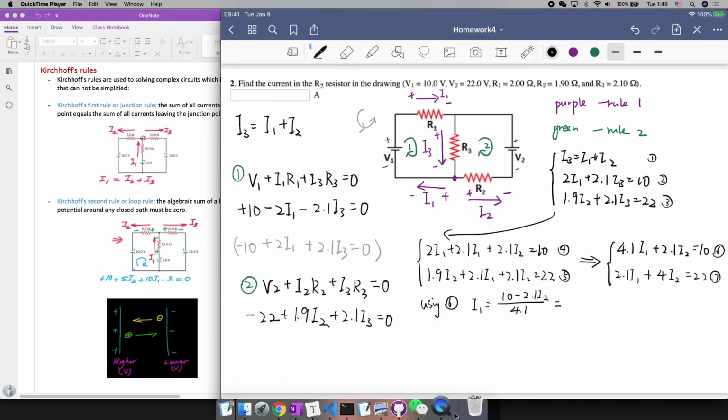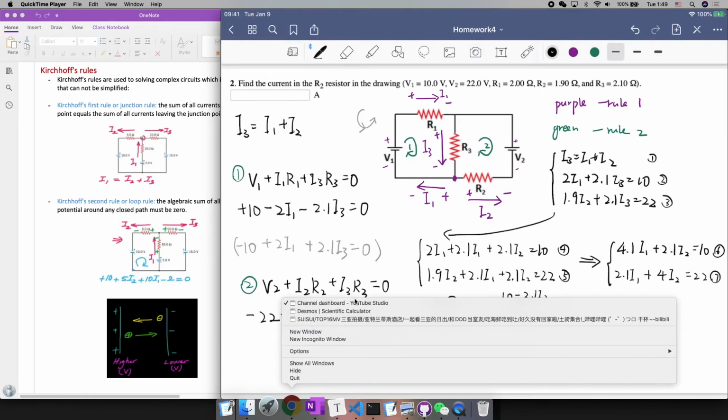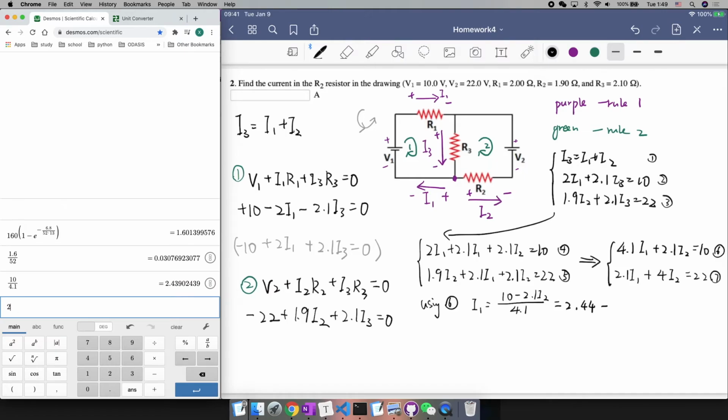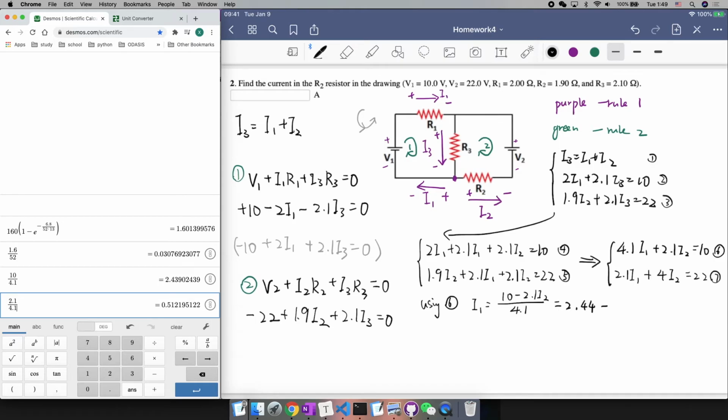Calculator. Where is it? Here. We have, okay, 10 over 4.1, which is 2.44, minus 2.1 over 4.1, which is 0.51 I2 here, right?